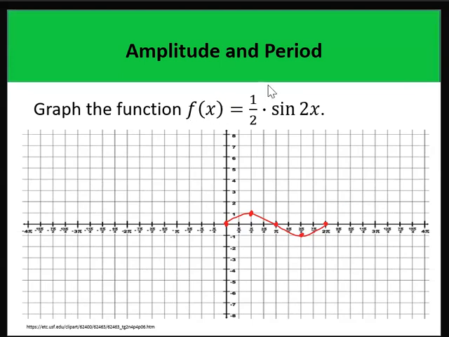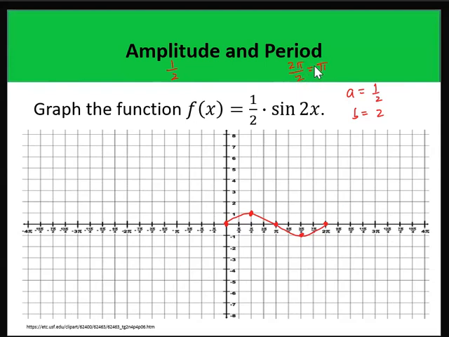Now in f of x, the value of a is equal to 1 half and the value of b is equal to 2. So this means that the amplitude is equal to 1 half, while the period is 2 pi over 2, which is equal to pi.